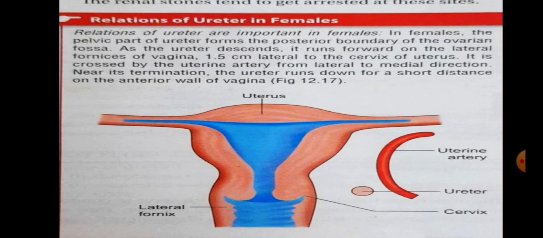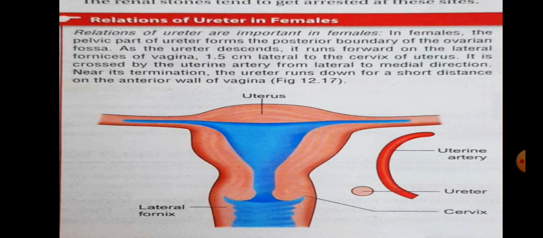Let us see the relations of the ureter in females, which are important. In females, the pelvic part of the ureter forms the posterior boundary of the ovarian fossa.